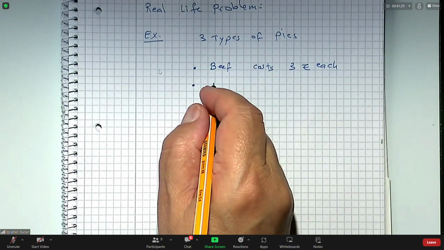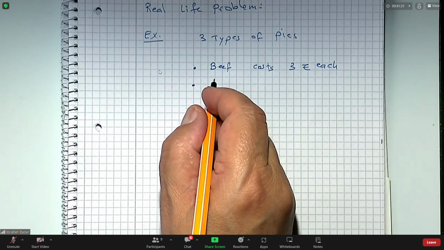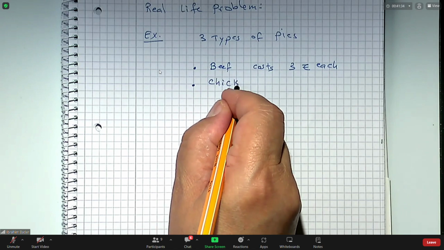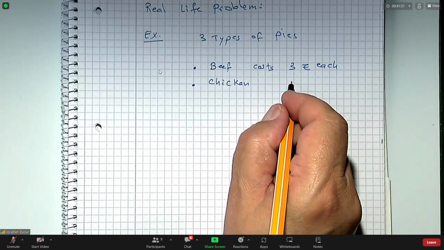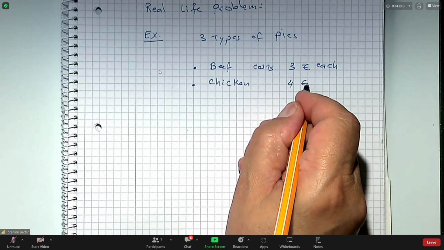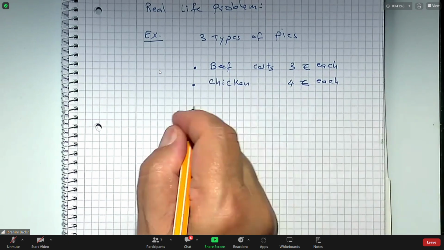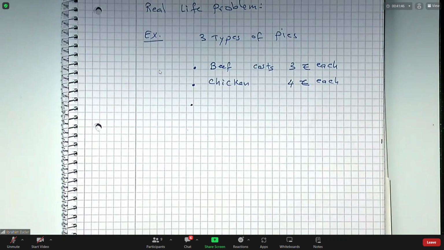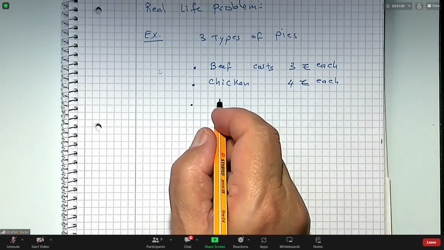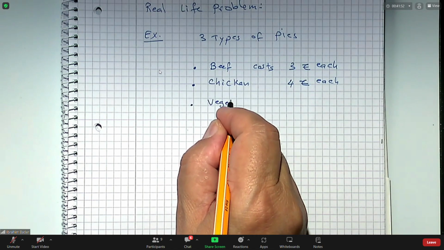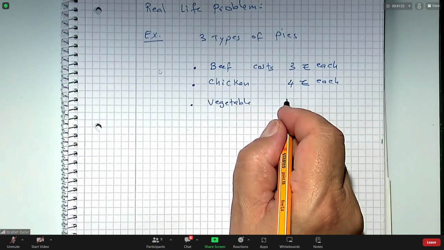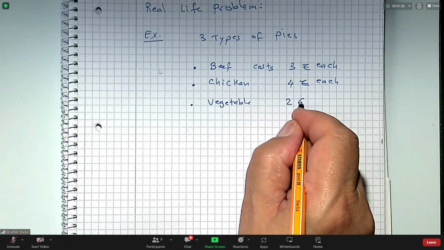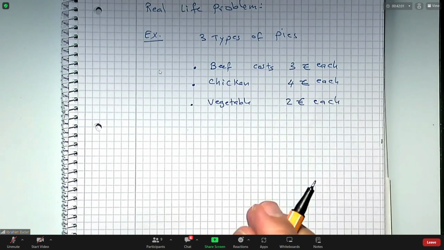The second type of pies, let's say it's chicken, and it costs €4. And the third type, let's say it's vegetarian, and it costs €2 each.